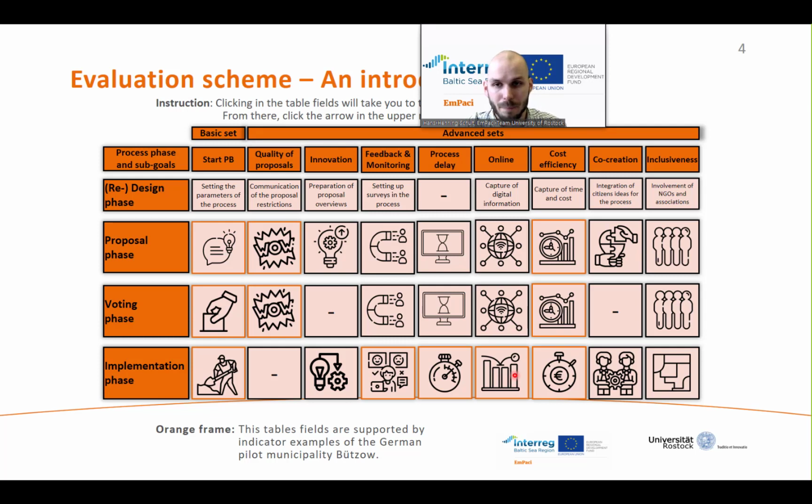That could be of special interest for some municipalities, whereas others, when they set up PB, are not into that, not focused on online participation, really want to get this face-to-face, then they don't find it necessary to have this set.